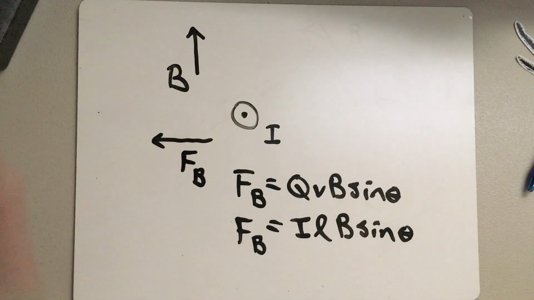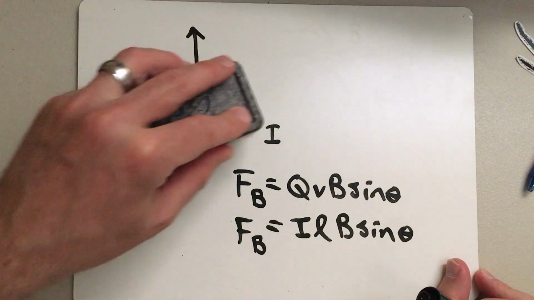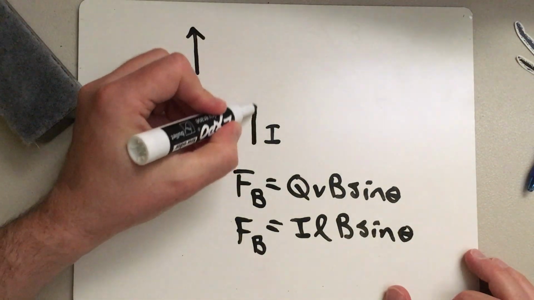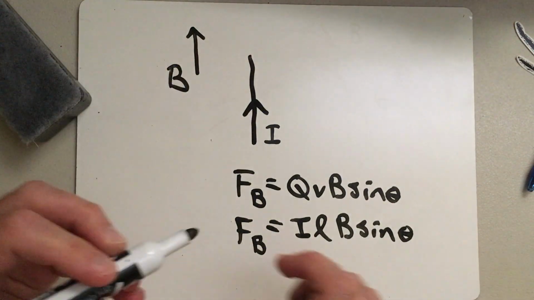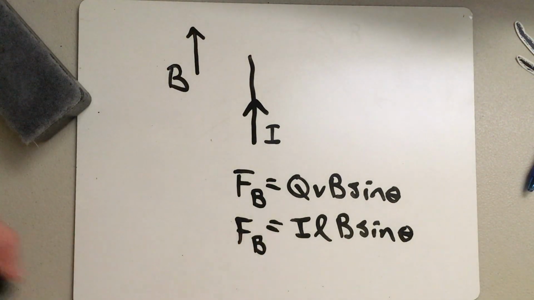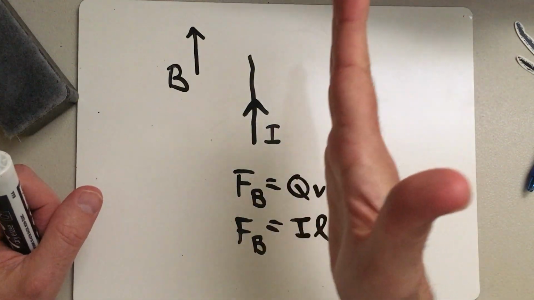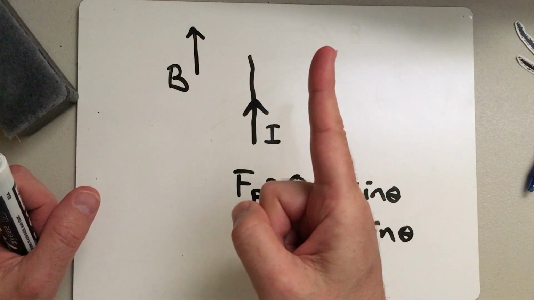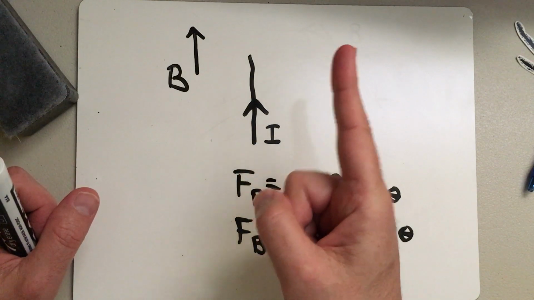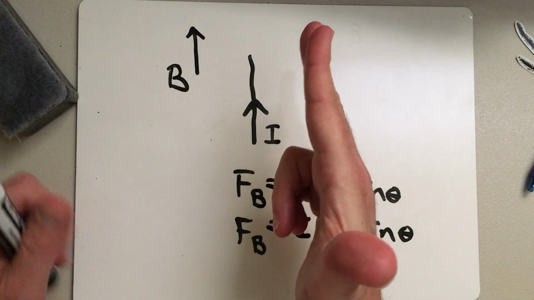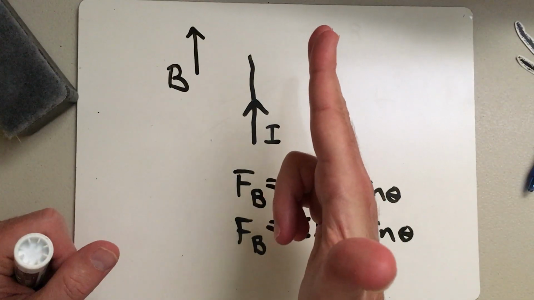Now, why am I mentioning all this? Because when you're doing the right-hand rule, for example, let me change this around. Let's say my current was going up. I do the right-hand rule: index finger in the direction of the current, middle finger in the direction of the magnetic field, thumb sticks out, and it looks like the force is up.